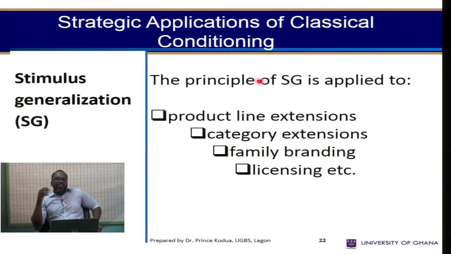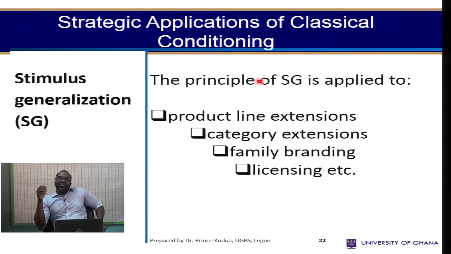Product line extension simply means that because consumers can generalize, we can introduce a relatively new product under an existing brand name, normally a very successful brand name which has built equity in terms of increased awareness, perceived quality, positive brand image, or brand loyalty. We can take advantage of that brand name to introduce another product in a given product line.